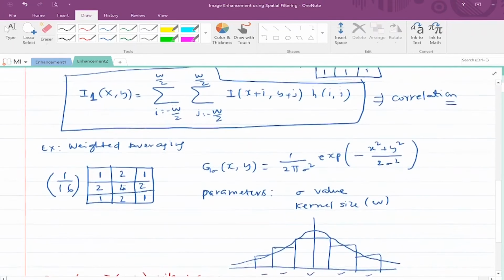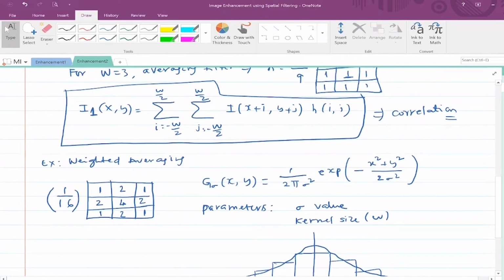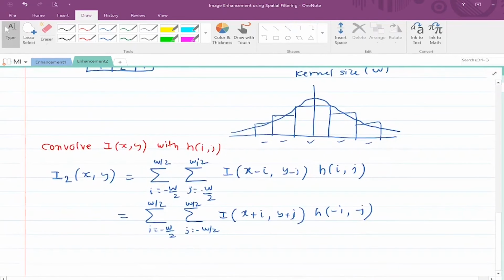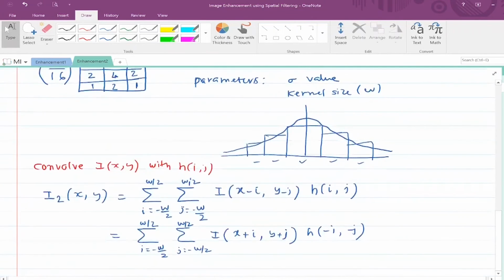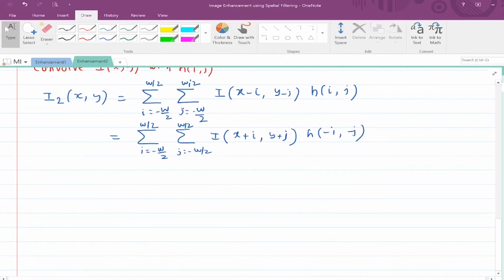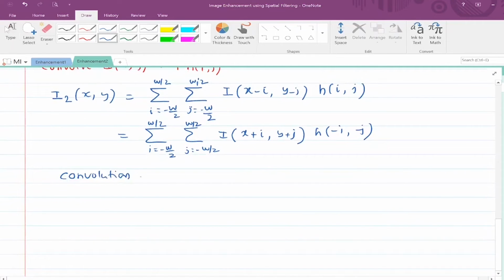Suppose I flip the kernel that I am using for convolution, and with that flipped kernel I do correlation, that is exactly equal to performing convolution with the original kernel, right? Only this flipping of the kernel is the difference between convolution and correlation. So convolution is equivalent to performing correlation with a flipped mask, right?